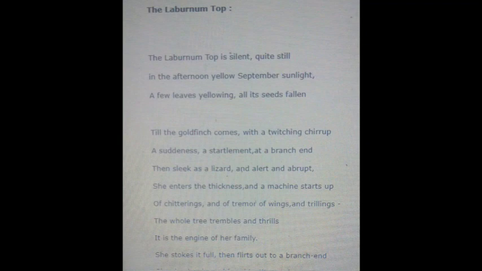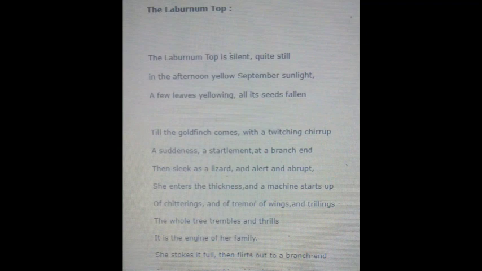And the time is described, that is afternoon, and yellow September sunlight. Why yellow September sunlight? It means that yellow flowers are there in this laburnum tree, and sunlight is also there, because the time is afternoon.